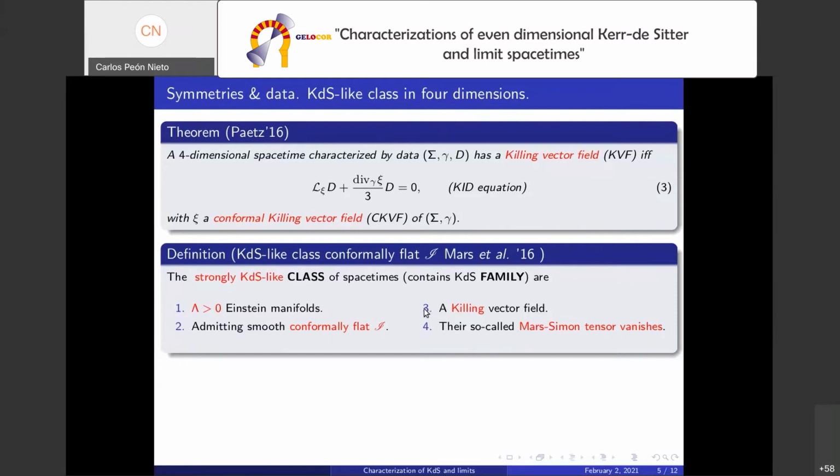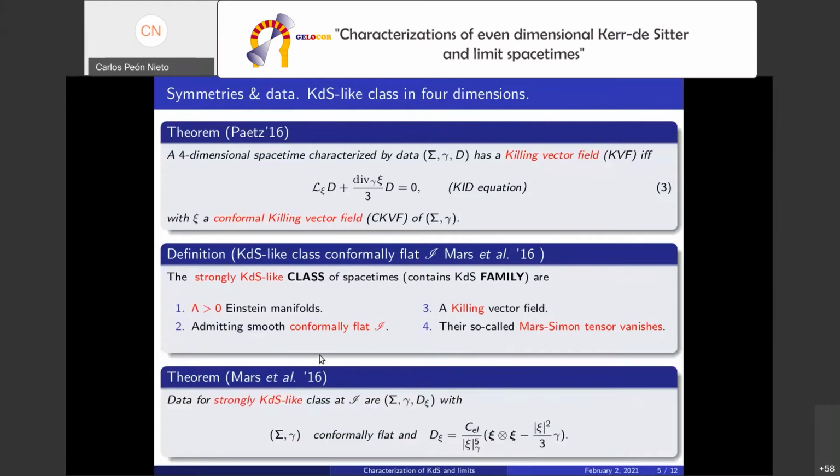At the level of the data, this class of spacetimes is defined by data (sigma, gamma, D_psi), where (sigma, gamma) is obviously conformally flat, and this D_psi is a TT tensor which has this form, where psi is a conformal Killing vector field of this manifold, and it is remarkably simple among all TT tensors which one could obtain in a conformally flat manifold.